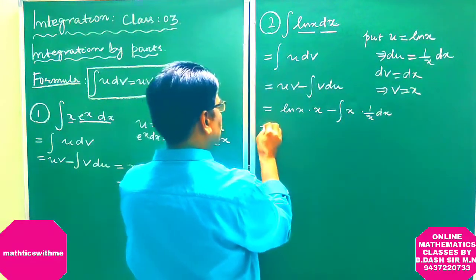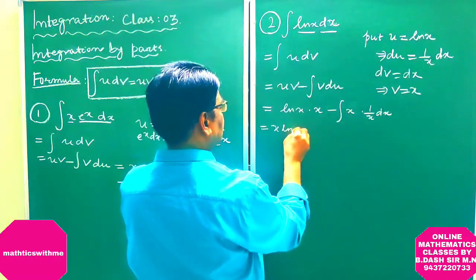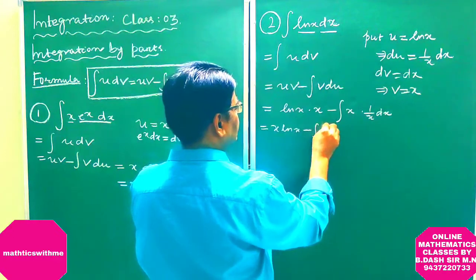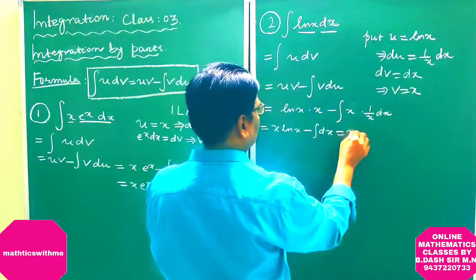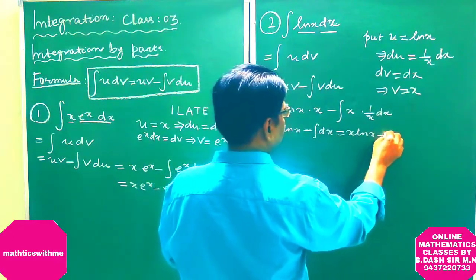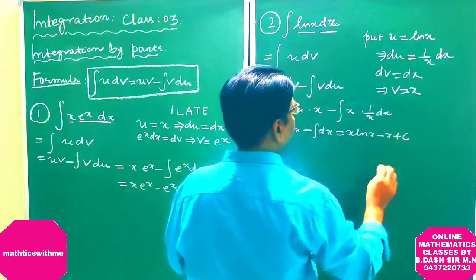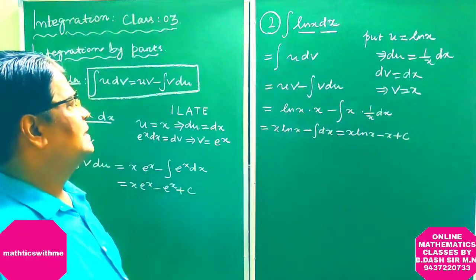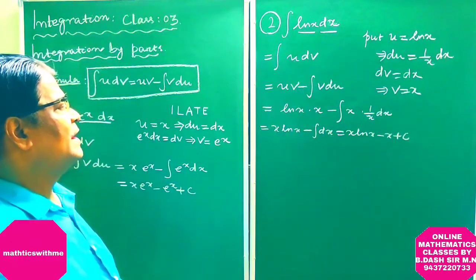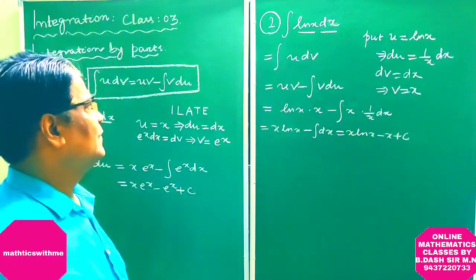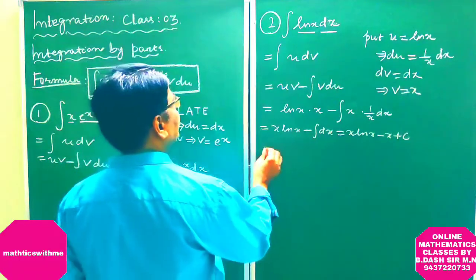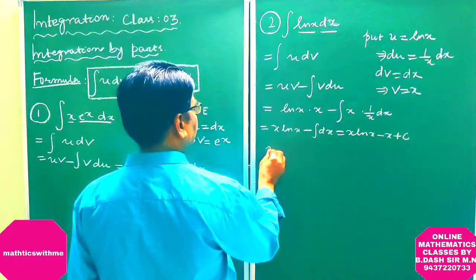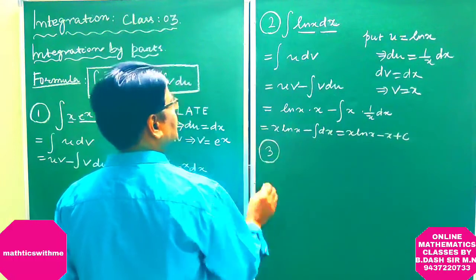So this is equal to x ln x minus integration of dx, which is equal to x ln x minus x plus c. So integration of ln x dx is equal to x ln x minus x plus c. Now let us proceed to the next question.